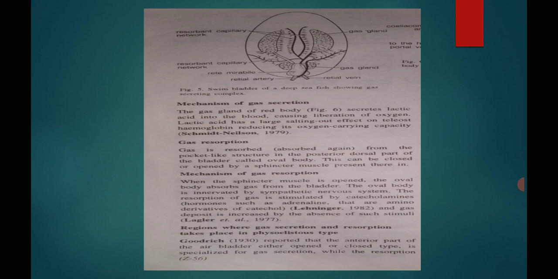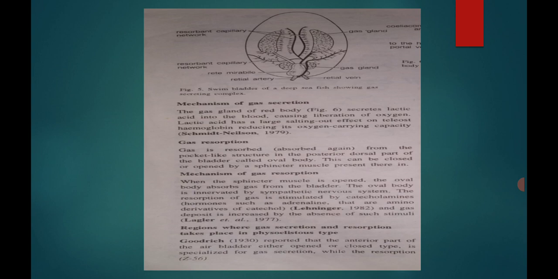The oval body is innervated by the sympathetic nervous system, and resorption of the gas is stimulated by catecholamines and hormones such as adrenaline.